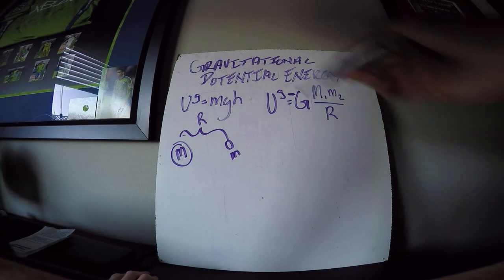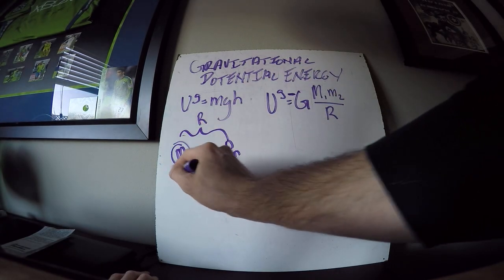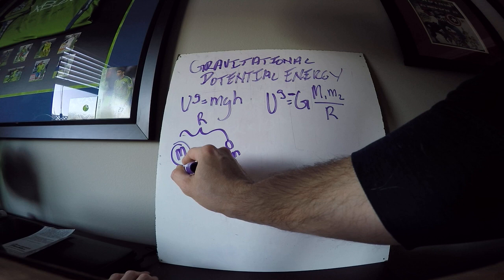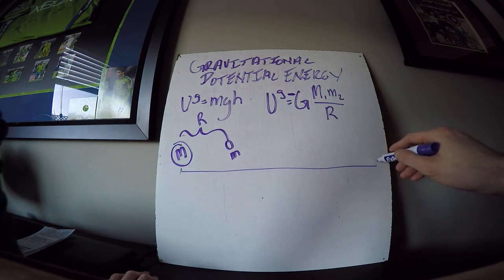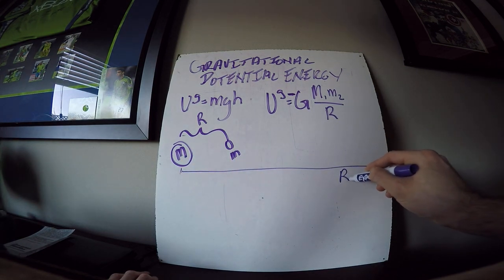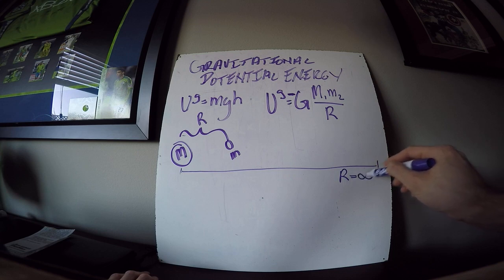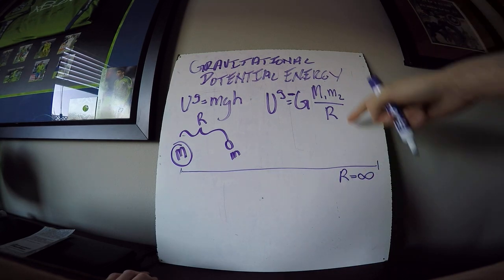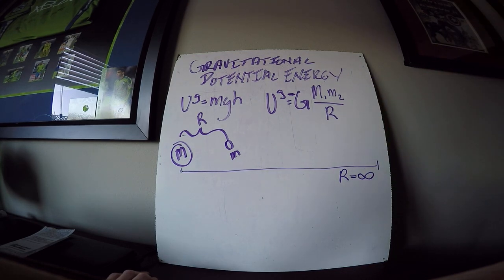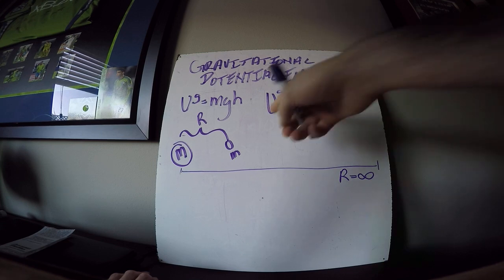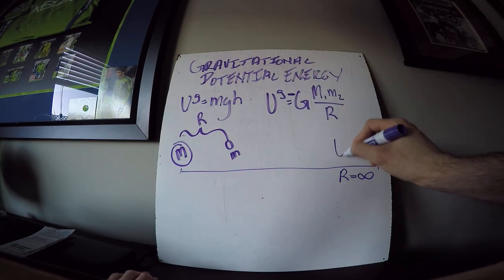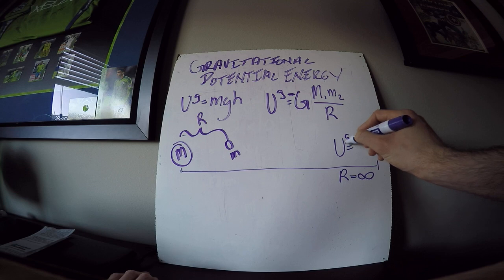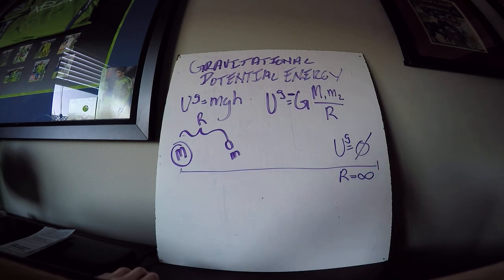So the idea here is that the potential energy at r equals infinity, you're dividing by a really big number, and so gravitational potential energy at infinity is 0.